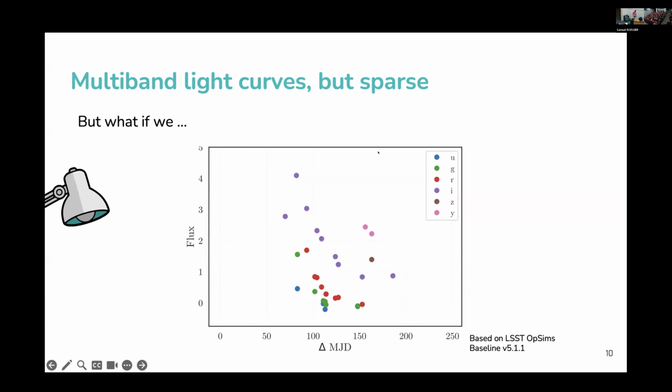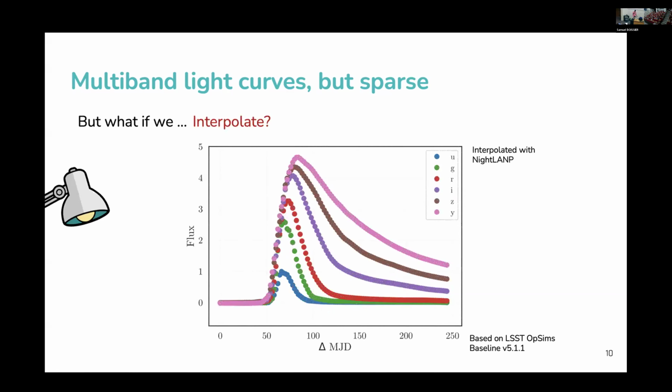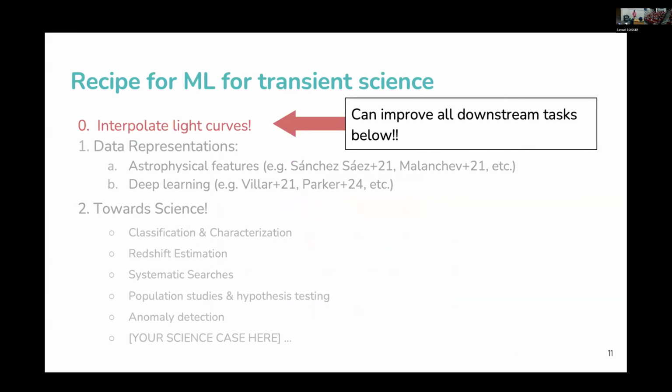But what if there was a way we could interpolate and make the light curves better, right? Better for science. And so that's something that's become really popular nowadays, which is interpolating these light curves before either of these. So if you can interpolate light curves well, you can get better data representations, in turn, better science.